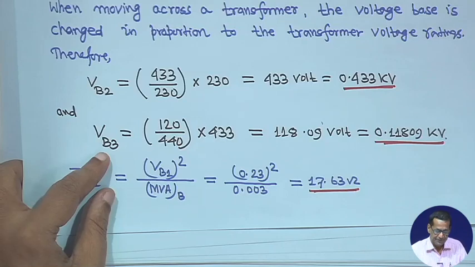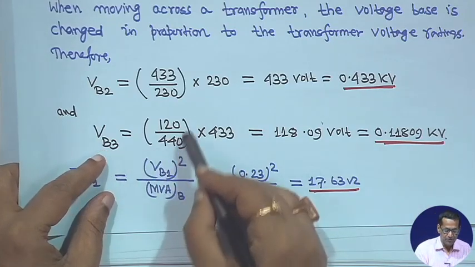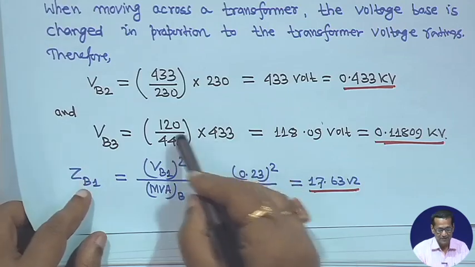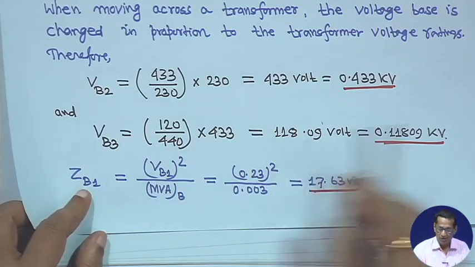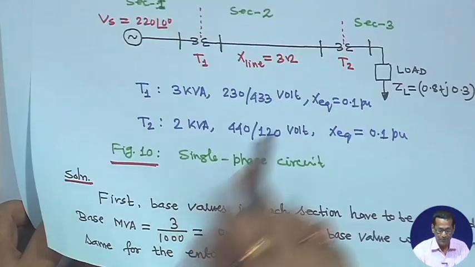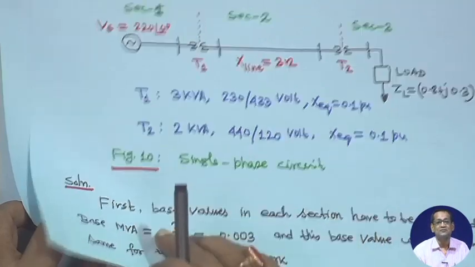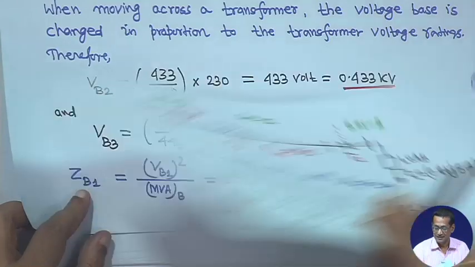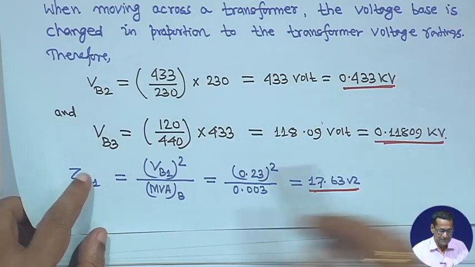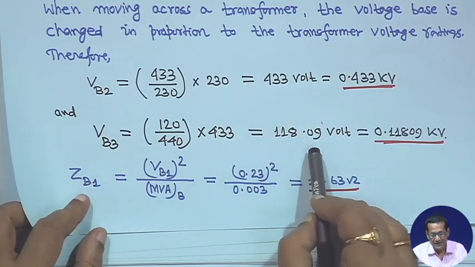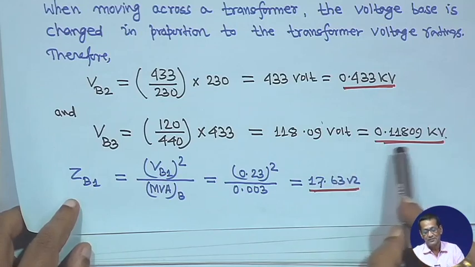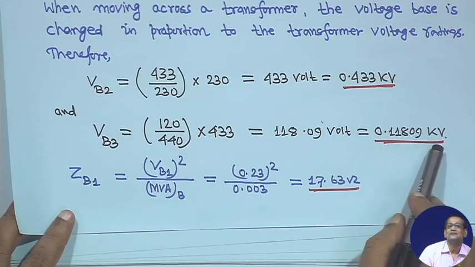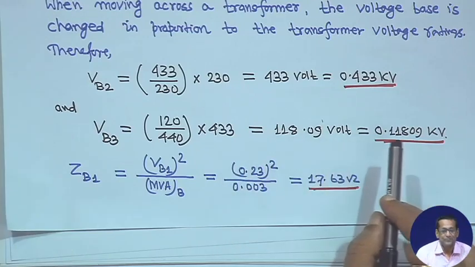That means VB3 will be 120 upon 440 into 433, because you are going to the lower voltage side. Although the transformer is 440 by 120, you are transforming the whole network onto a common base. Therefore, section 3 base voltage will be 118.09 volt, that is 0.11809 kV. Hope you have understood how to transform.